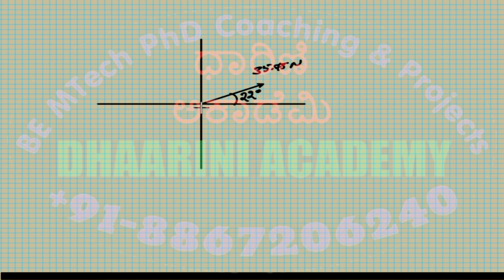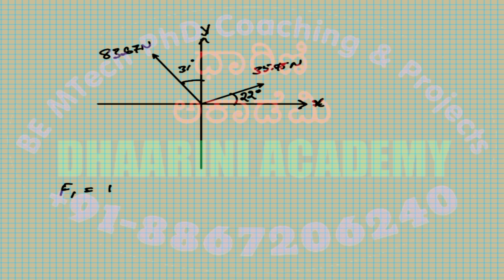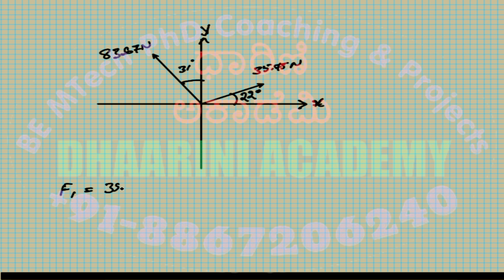And we have another force acting over here, 83.67 Newton, making an angle of 31 degrees. So find the x and y components of the forces. The first force F1 is 35.75 Newton, and the angle I'll call theta 1, that is 22 degrees.